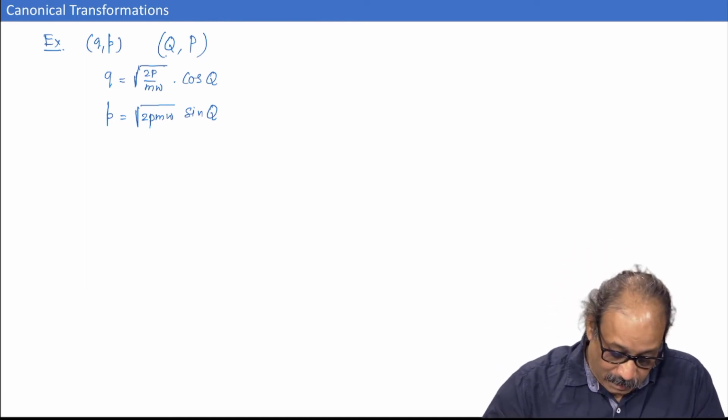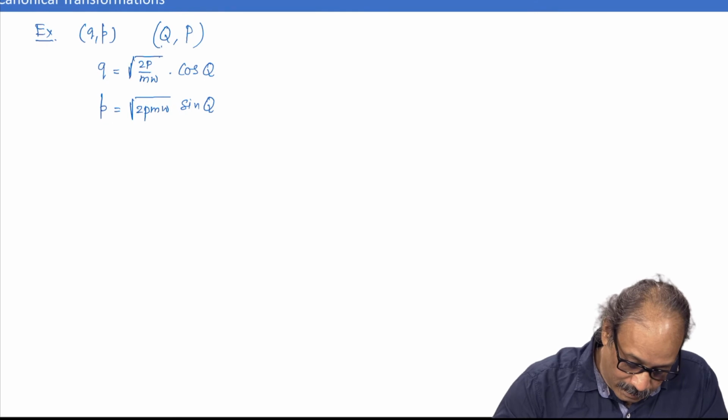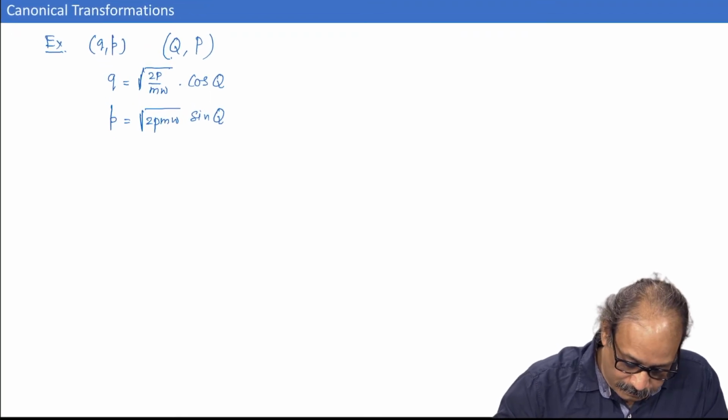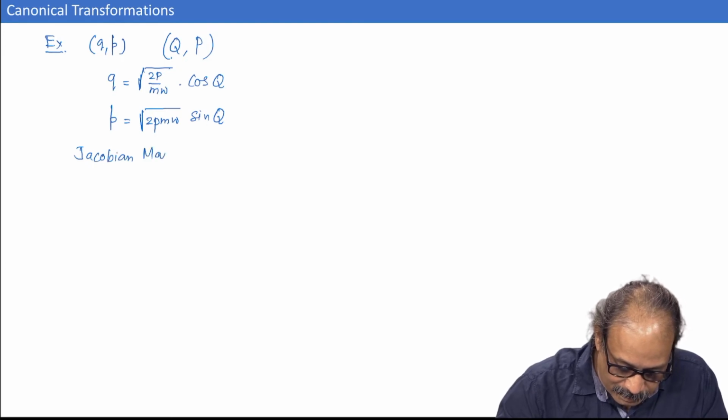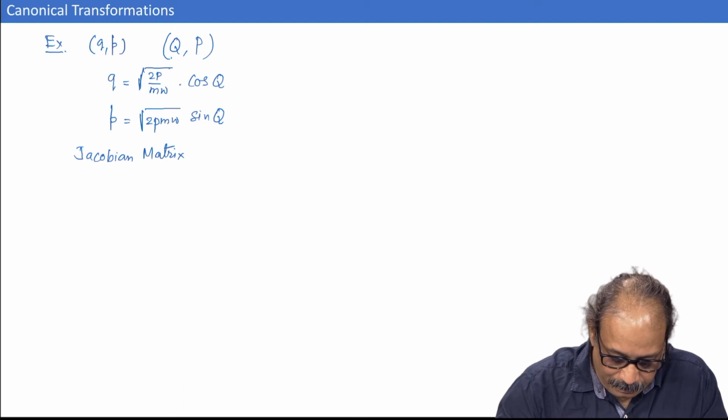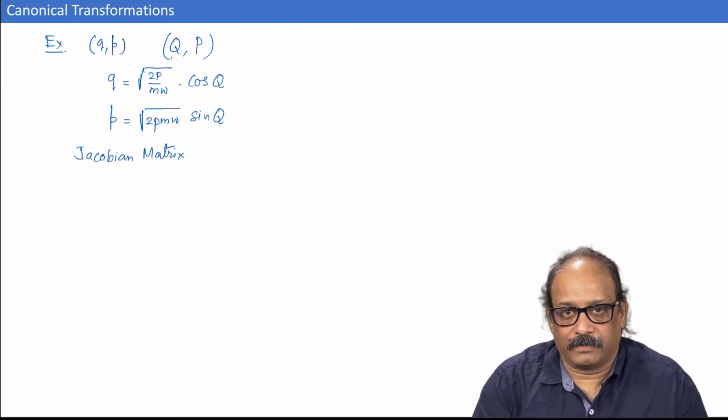Take this, construct the Jacobian matrix. Now, it is not as simple as the previous examples, but it is straightforward again.